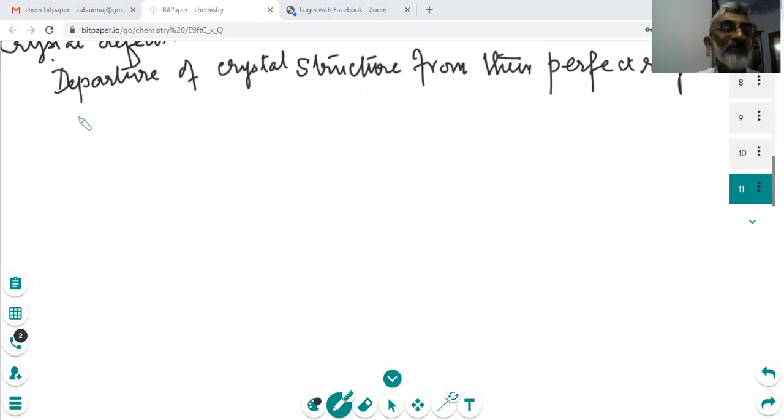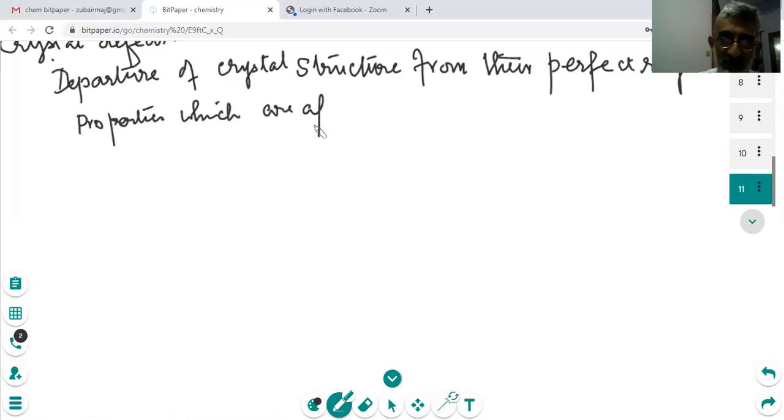The properties which are affected are the electrical property, that is, the ability to conduct electricity.